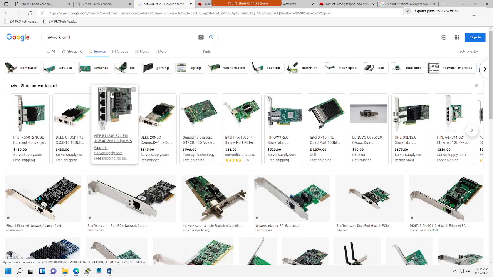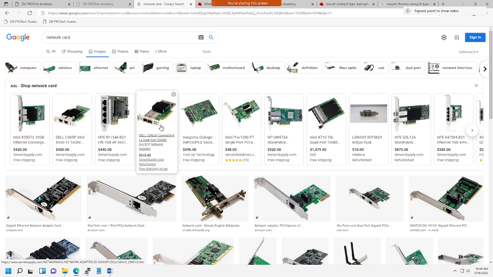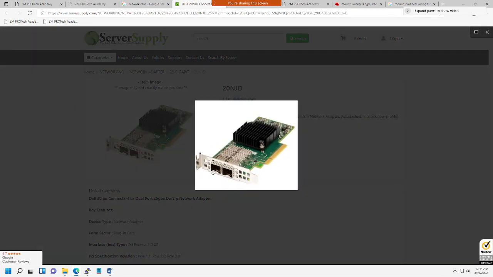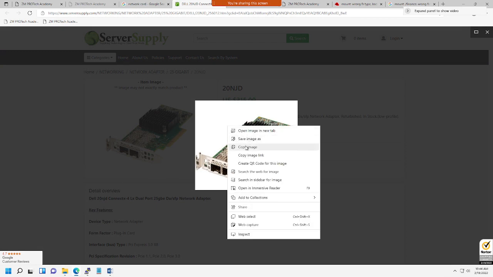So this is like a network card here. You would have a network card, and in the back of the network card you see there are two ports where you could plug in the network cable. Okay, so this is a perfect example.